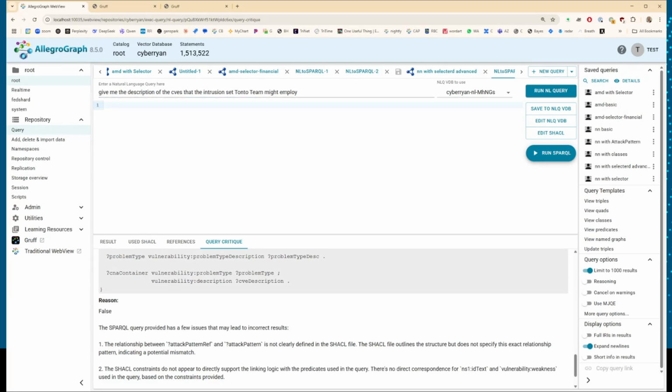Okay, one more thing that I want to show you. So we did RAG, but we can also do the RAG in NLQ itself. For example, I can type here, using RAG, what are the main bad actors in China that are attacking financial institutions using the information in intrusion sets?